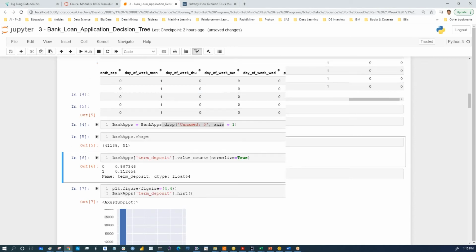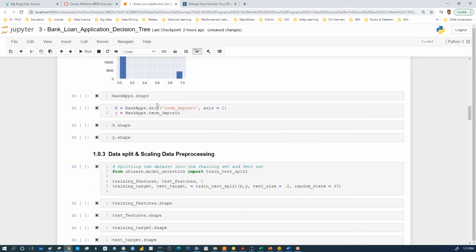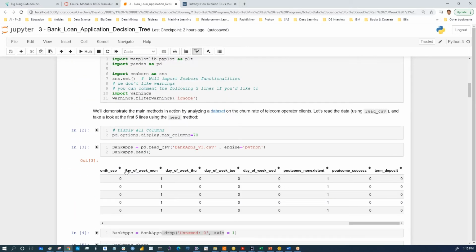To do the guessing, number one, we need to identify X and Y. The X is every feature except the target variable. All these features in here.